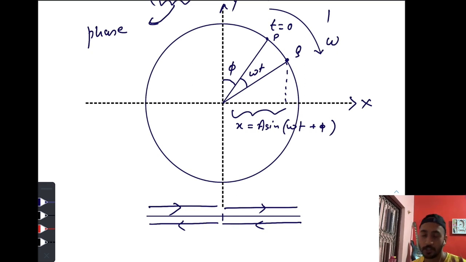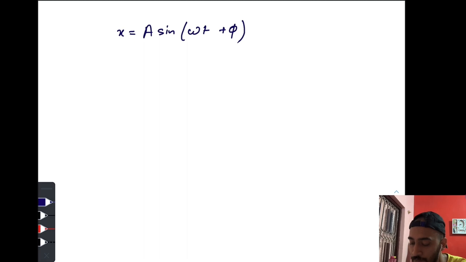Now let us try to solve a few problems, then it will make our concept more clear. In the first lecture of SHM, we were finding the initial phase by taking out the actual boundary conditions.